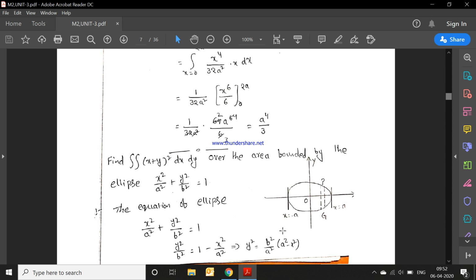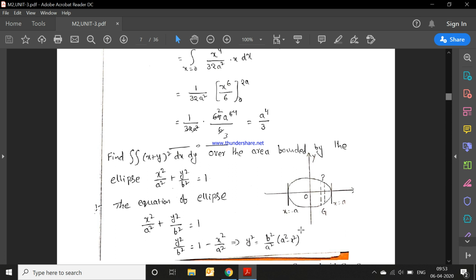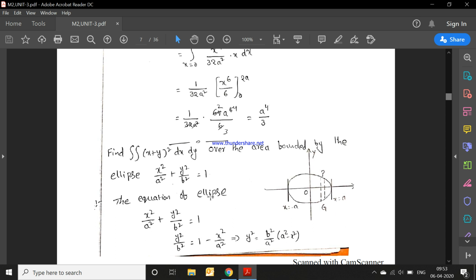But we need to take one as fixed limits and the other from the curve equation. Why we should write y in terms of x, y is equal to f of x form. So that's why we are taking the equation of the ellipse x square by a square plus y square by b square is equal to 1.